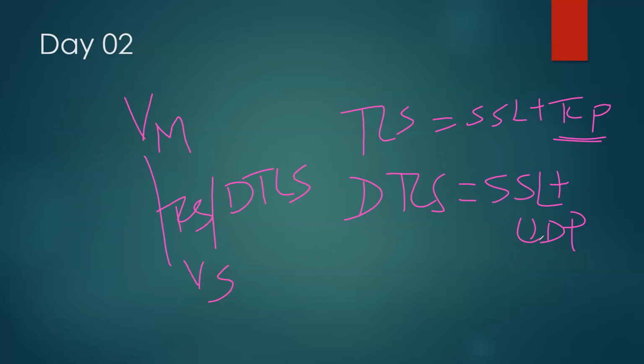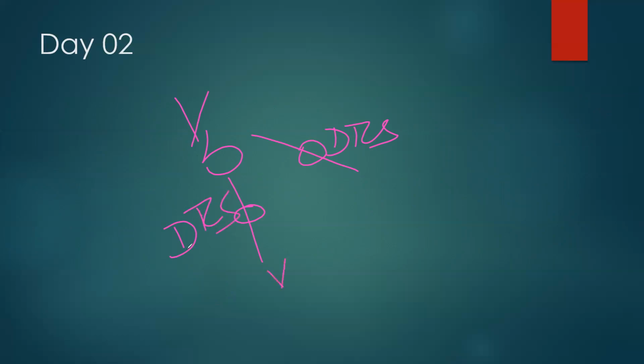The point here is that with the third controller, vBond, it will always form DTLS with all the controllers. It will never form TLS because it is not required.